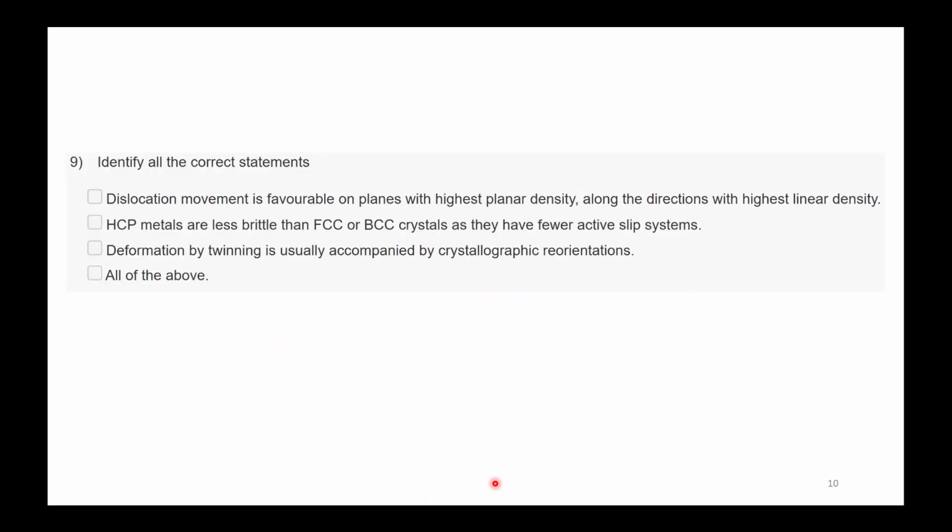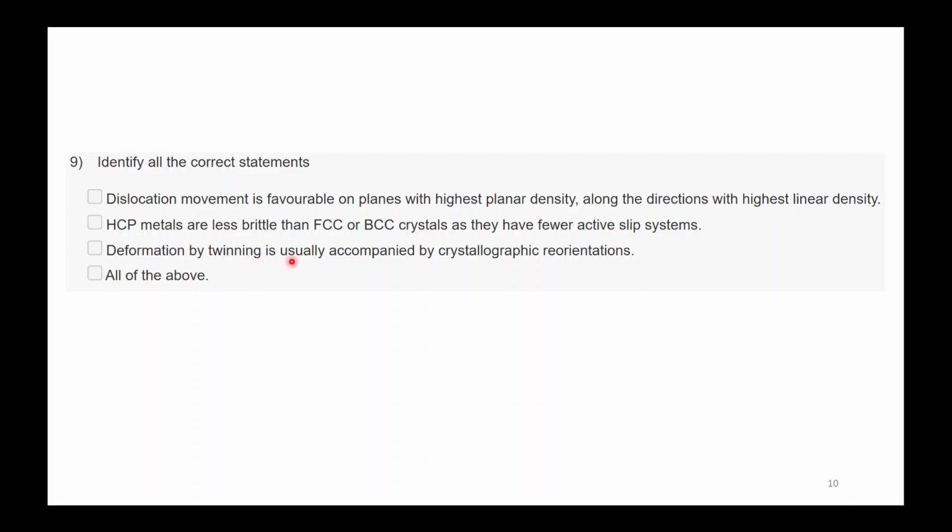Ninth question is identify all the correct statements. First is dislocation movement is favorable on planes with highest planar density along the directions with highest linear density. Or second is HCP metals are less brittle than FCC and BCC crystals as they have fewer active slip systems.